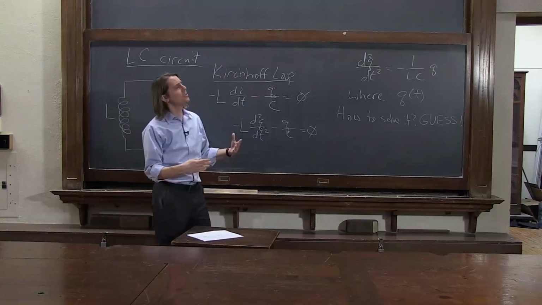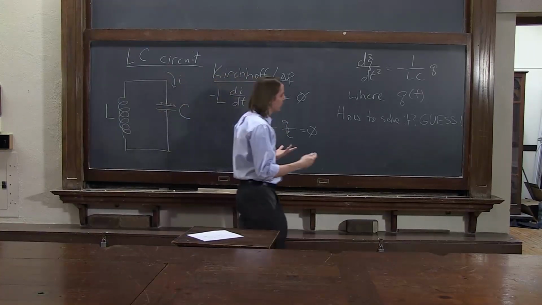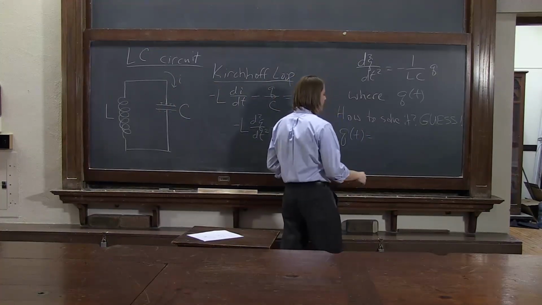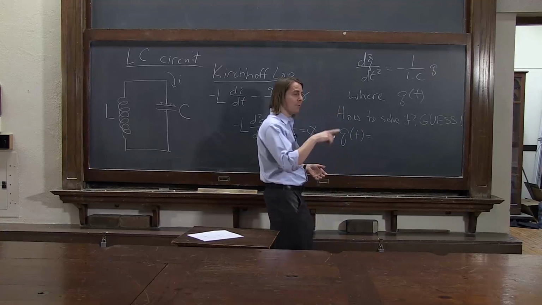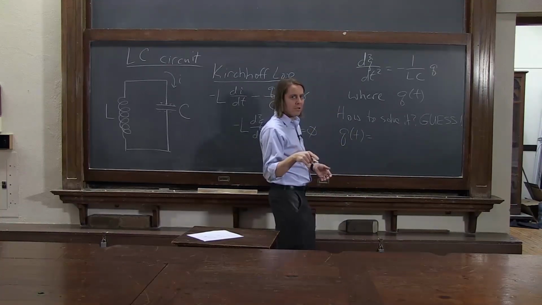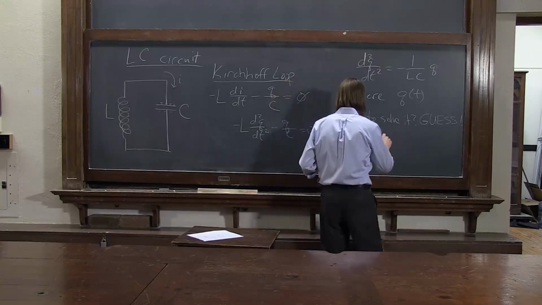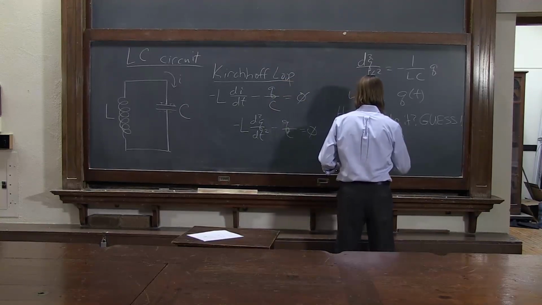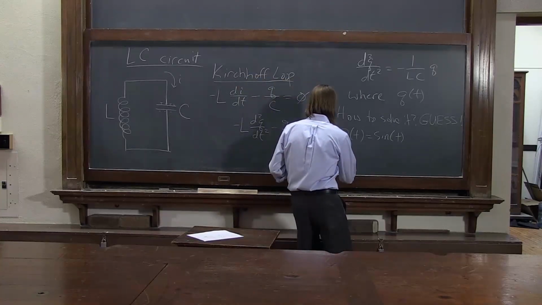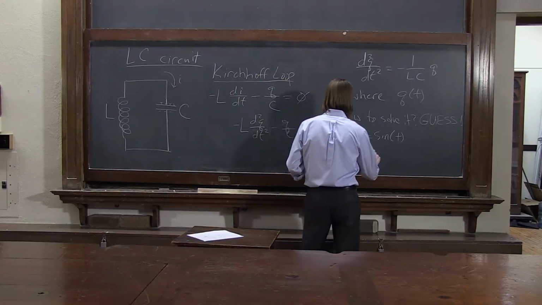So let's think, what function do we know is equal to its own second derivative to within a constant? Well, one might be q of t would be sine, right? Sine, derivative of sine is cosine, derivative of cosine is negative sine. So it does get back to itself, sort of, when you take two derivatives. Another, well, if sine does it, cosine does it.